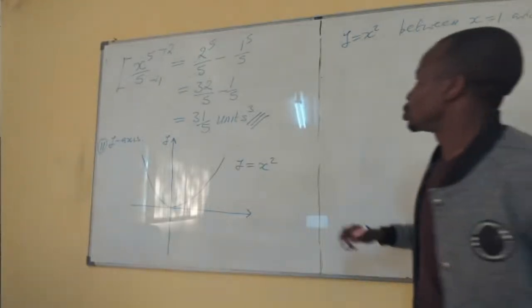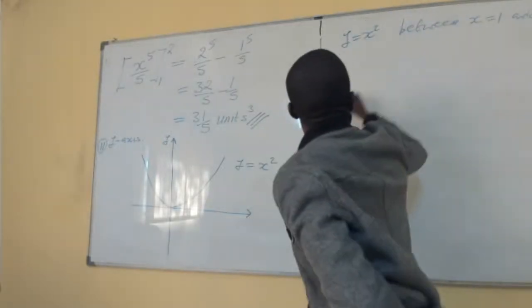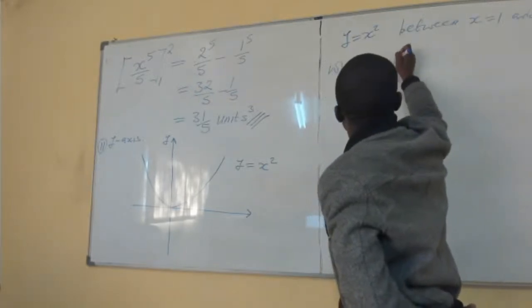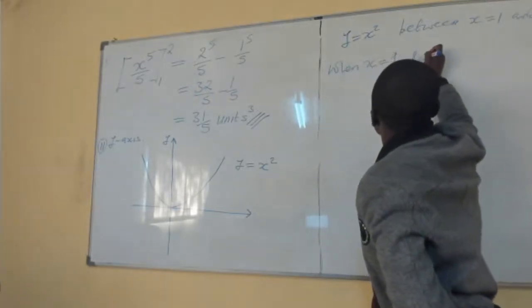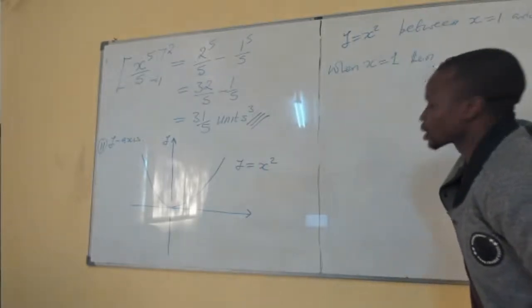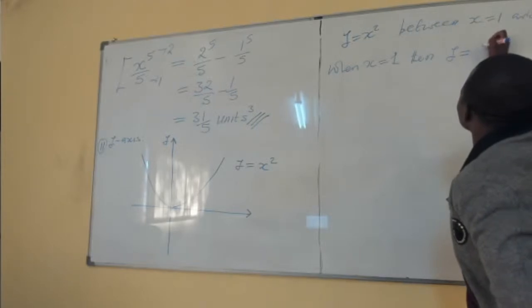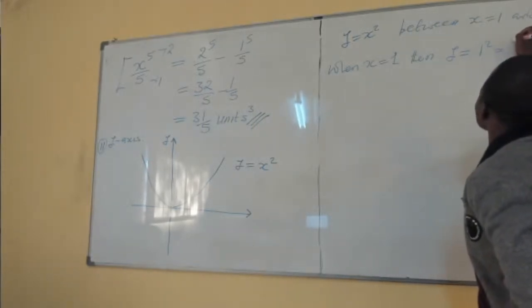Now the question is, when x is equal to 1, what will be your y? Our y will be equal to 1 squared, which will give us 1.